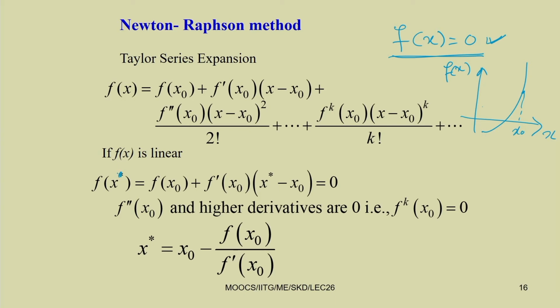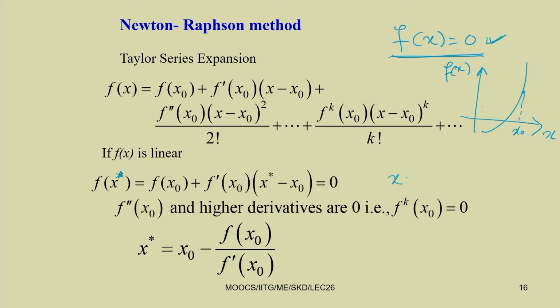So, if x* is the root of the equation, then x* minus x0 equal to 0. If we are writing only f(x), then f(x) equals f(x0) plus f'(x0)(x minus x0). As the function will have a value 0 at the root, at x equal to x*, we can write f(x*) equal to this way.